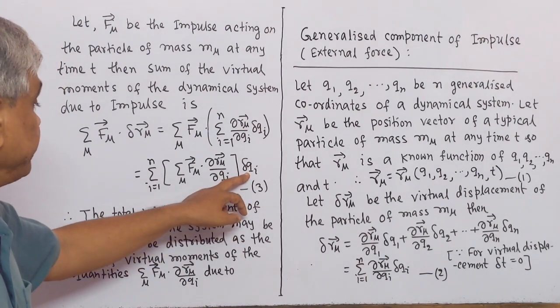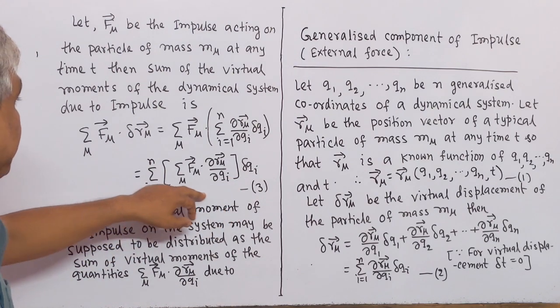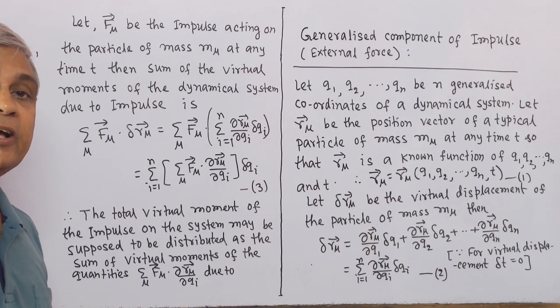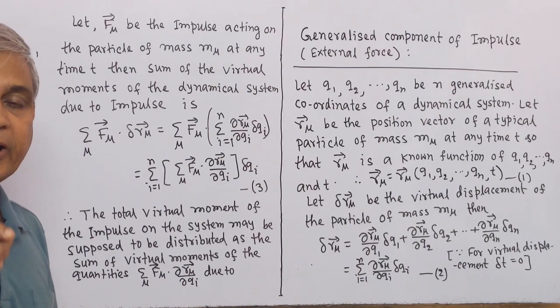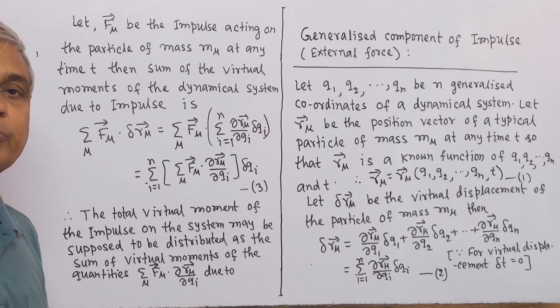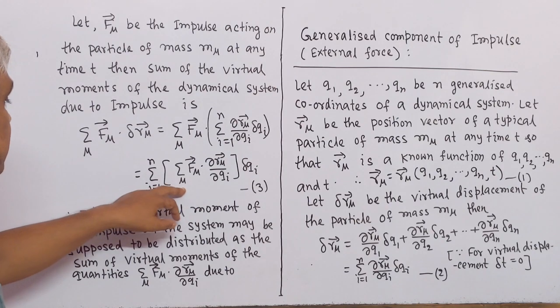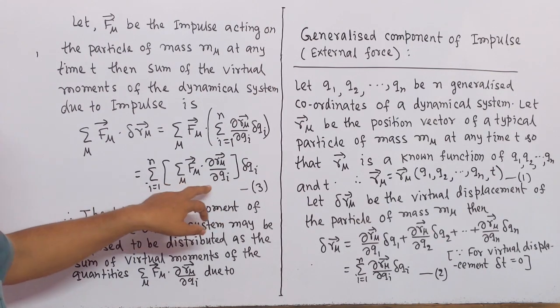This is the displacement. But the total term is the moment for the impulse. We know that the moment of a force is equal to force multiplied by displacement. This is the displacement, so this remains the term moment.